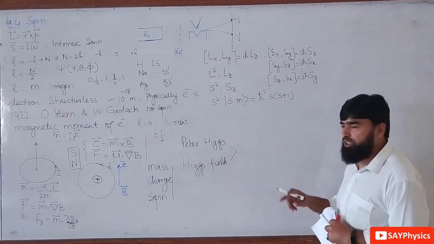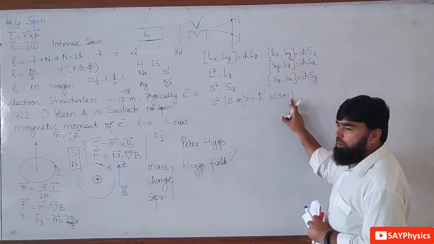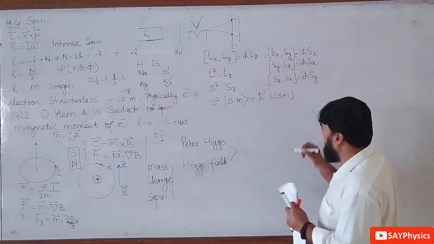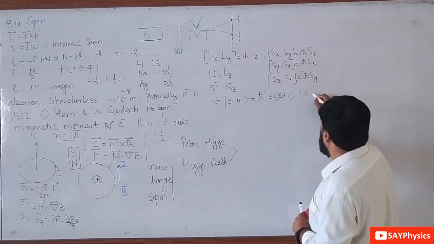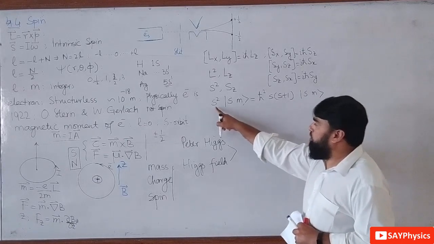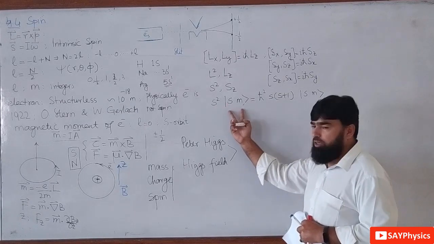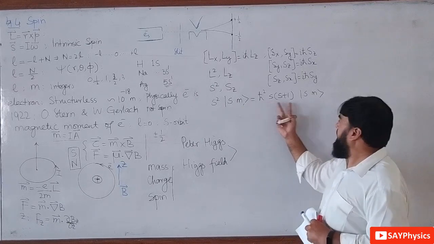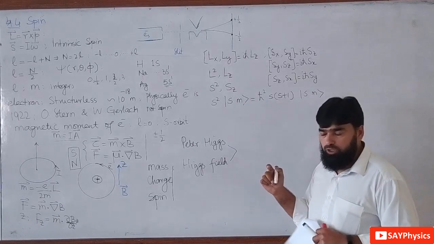So the same situation: for L into L plus 1, I am writing S into S plus 1, and the eigenfunction will come like this. This is an operator, this is an eigenfunction. This will give this eigenvalue, and then the eigenfunction.